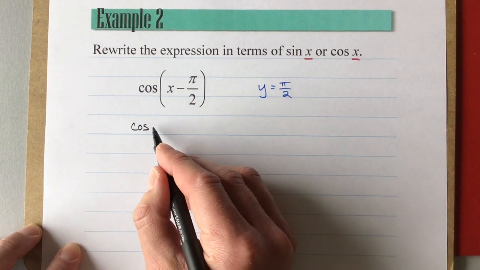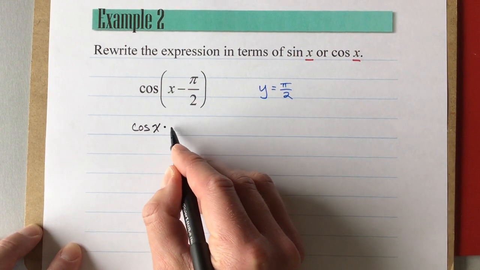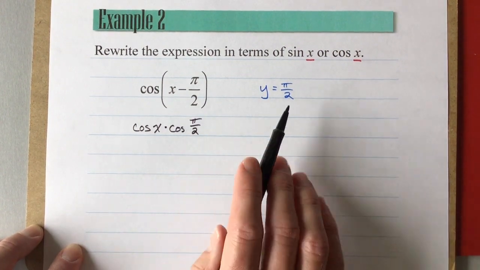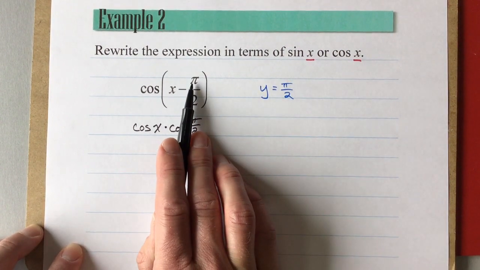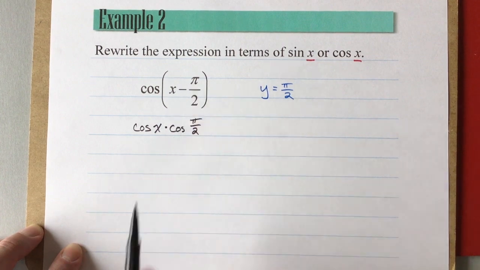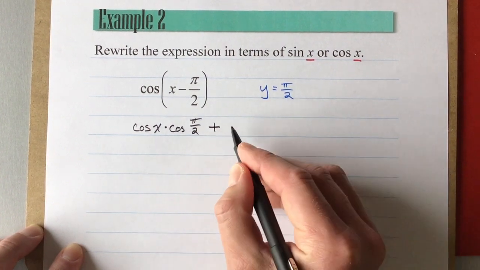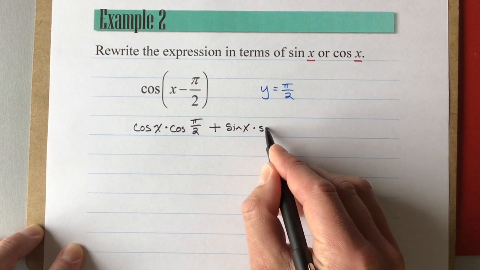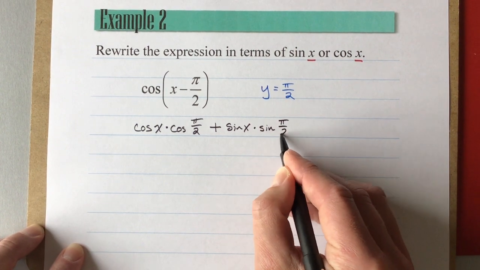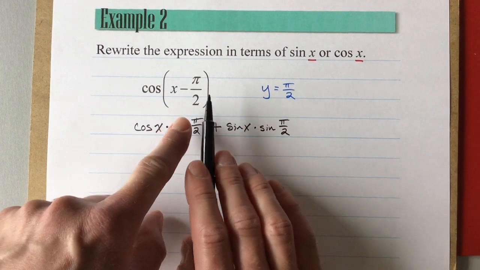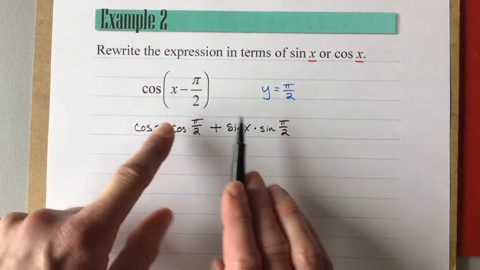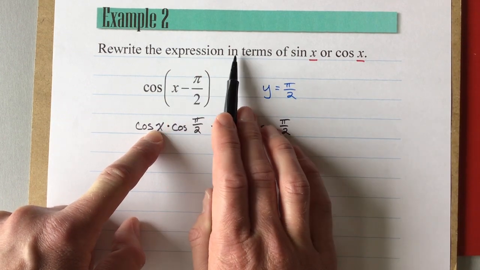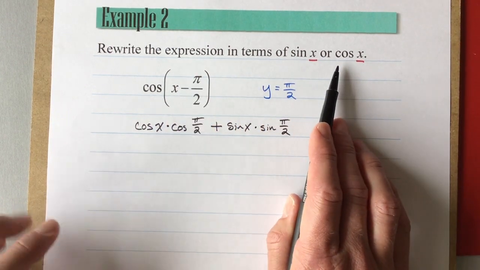It would become then the cosine of x times the cosine of pi over 2. Remember, positive, not negative, because I am not subtracting a negative, plus the sine of x times the sine of pi over 2. So it's almost as if you've got one angle that you can replace, but the other one you can't. And that's okay, because our final answer will be in terms of x.